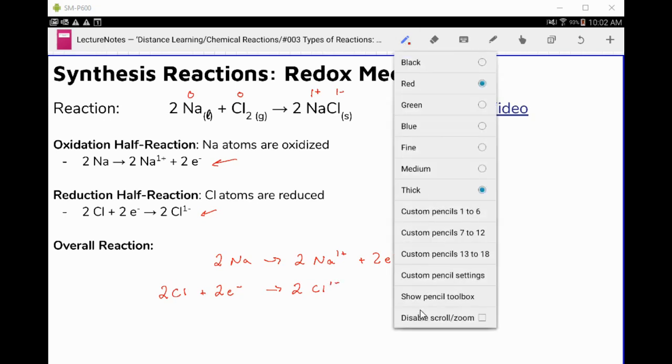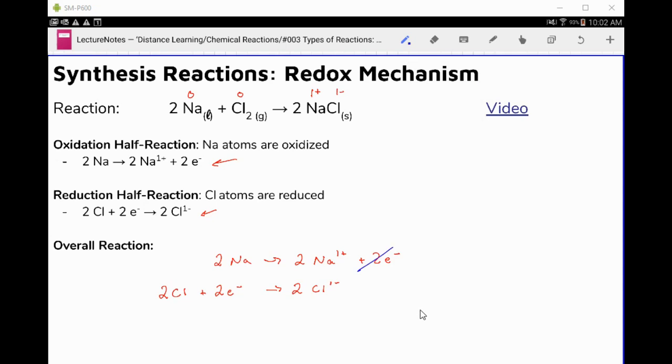Now here we have 2 electrons on the product side, and 2 electrons on the reactant side, so those essentially cancel each other out. And we see our overall reaction here. We have our chlorine and our sodium forming the ionic compound sodium chloride.